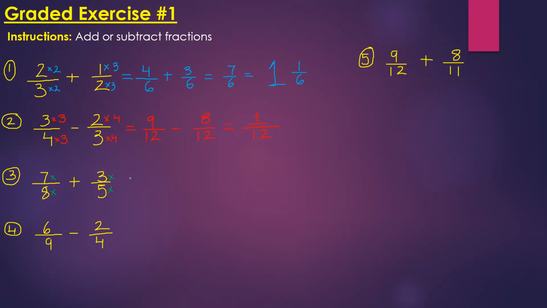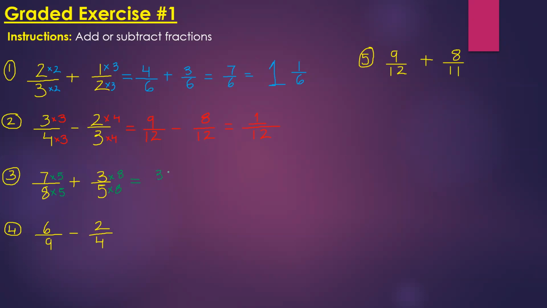Okay, so you find the lowest common multiple for 8 and 5, which is 40. Then for 7 over 8 you times that by 5, and for 3 over 5 you times that by 8. Very good. Then you get 35 over 40 plus 24 over 40.